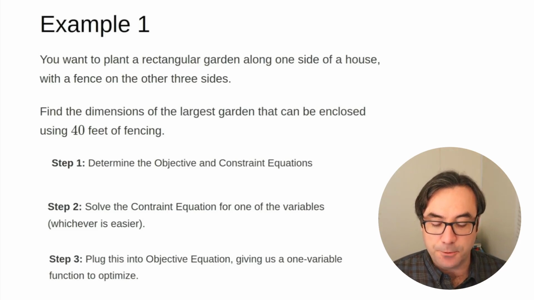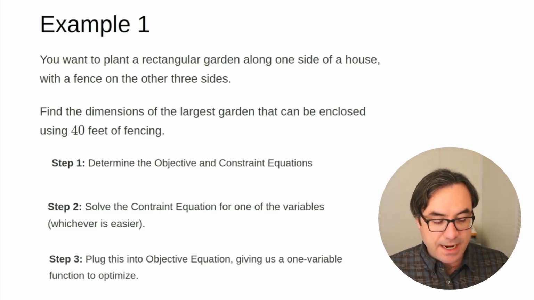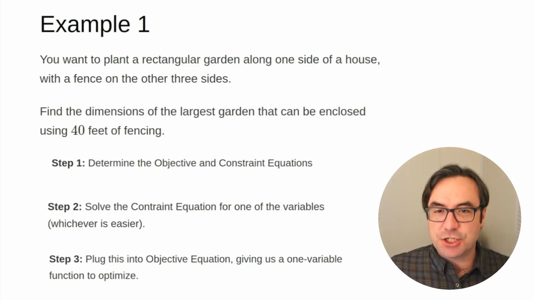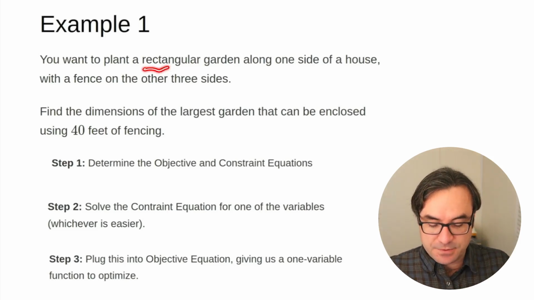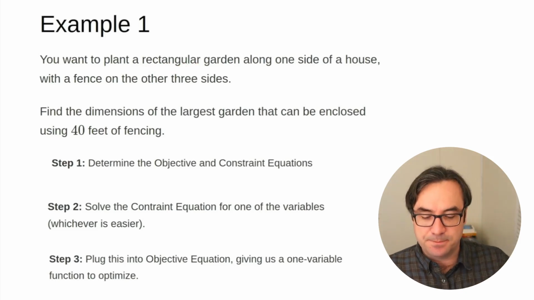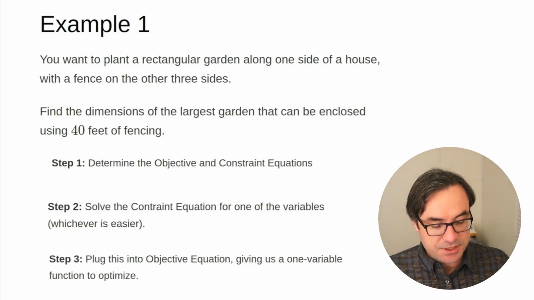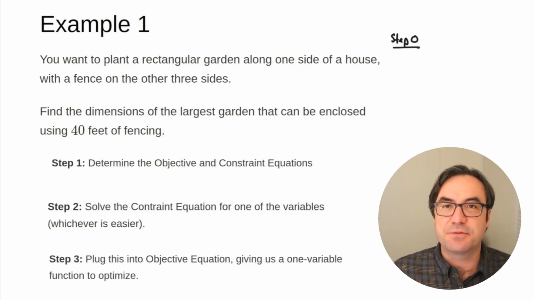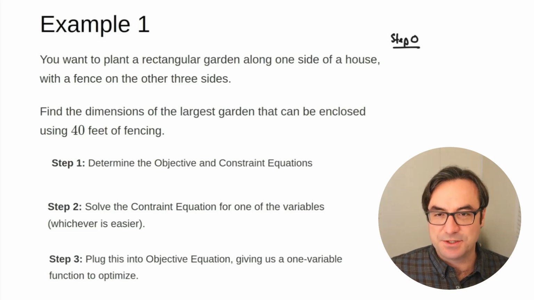All right, so for these applied optimizations, if they're geometric in nature, right away it stands out to me, we have a rectangle. It's usually helpful to draw a diagram. So I would almost consider that like a step 0 for these kind of geometric ones.